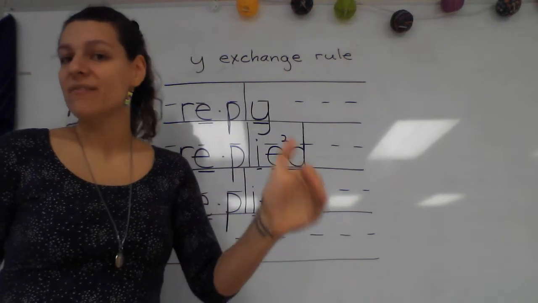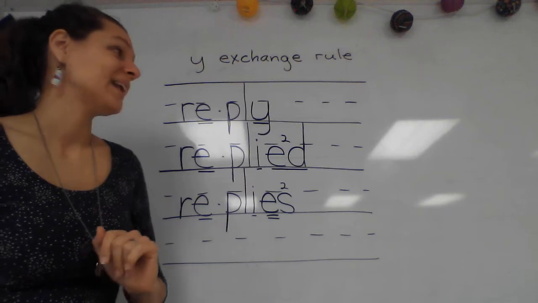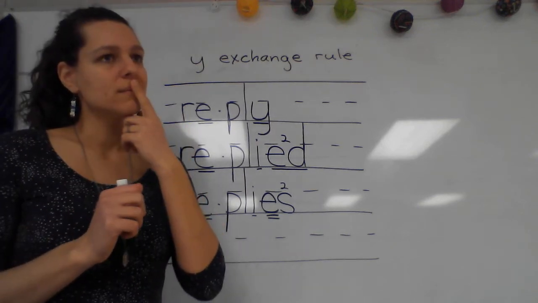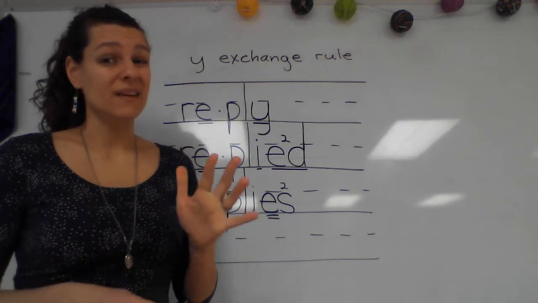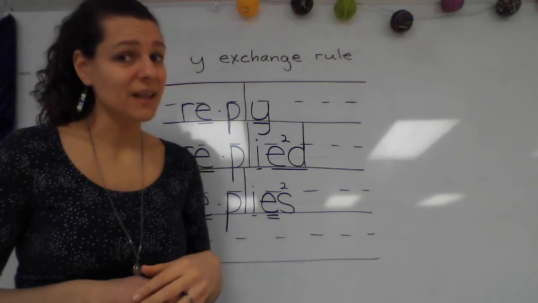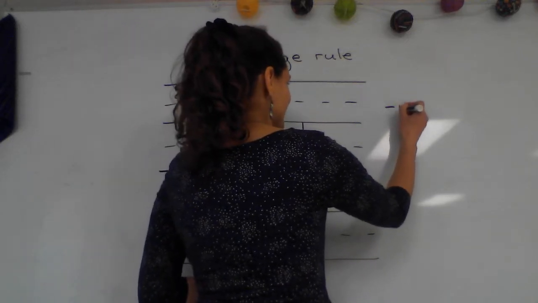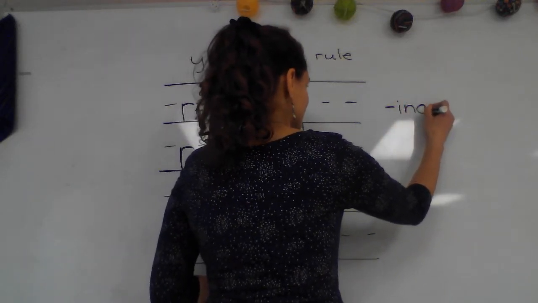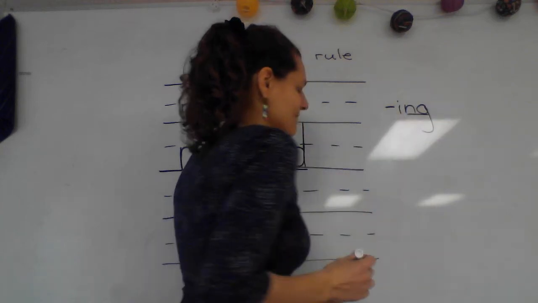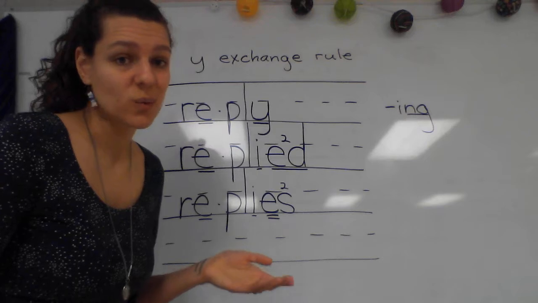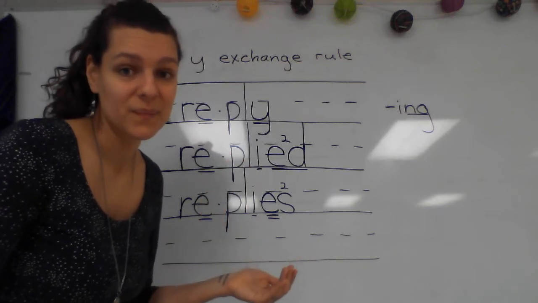Remember, because ing is a vowel suffix, so it's going to get its own syllable. All right, but class, what letter does the suffix ing start with? It starts with an I, doesn't it? This is our suffix.